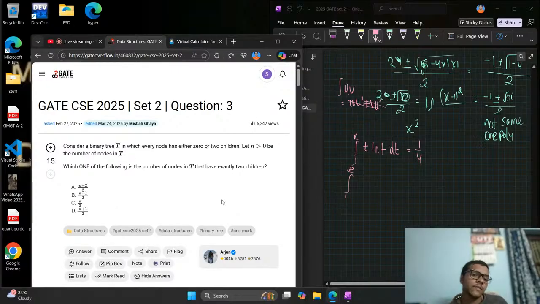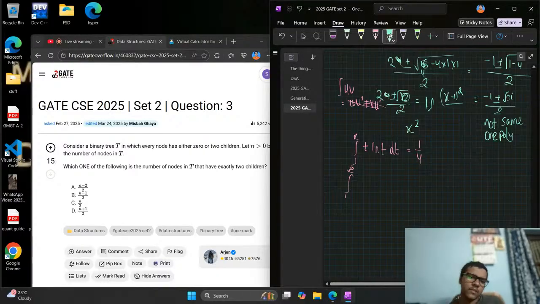Binary tree in which every node has either 0 or 2 children. Got it. The number of nodes in T. Which one of the following number of nodes in T? Exactly 2 children.